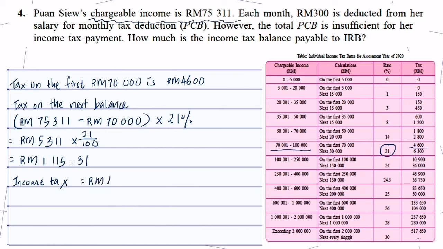RM 4,600 plus RM 1,115 ringgit 31 cent. So the total is RM 5,715 ringgit 31 cent.